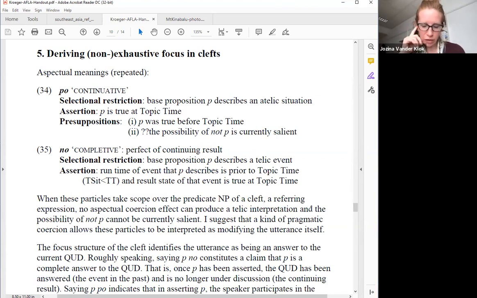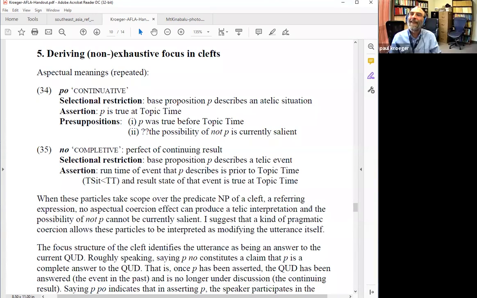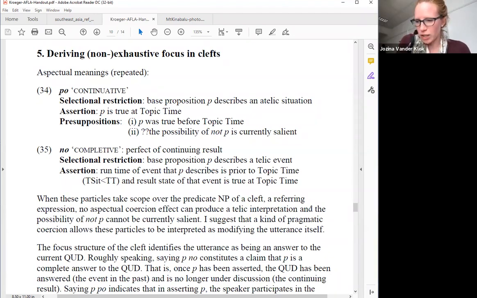Anna Krajinovic wrote a dissertation on Nafsan, an oceanic language, and a large part of it is devoted to the perfect in this language, which has similar functions. She also has a story of how to derive duality with the perfect, which I don't remember now, but she has that story.